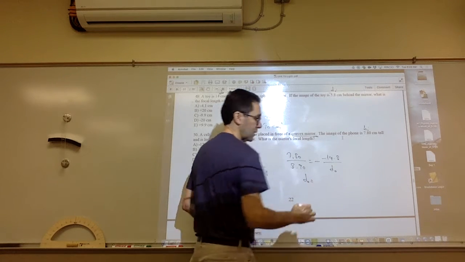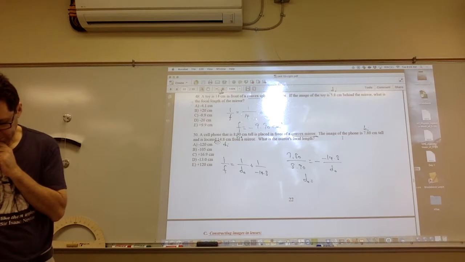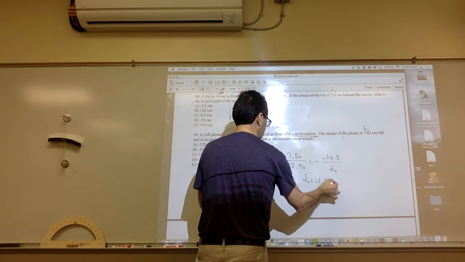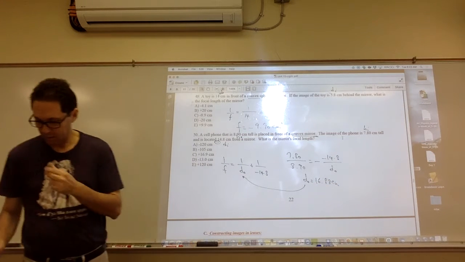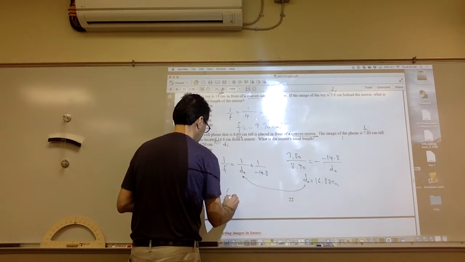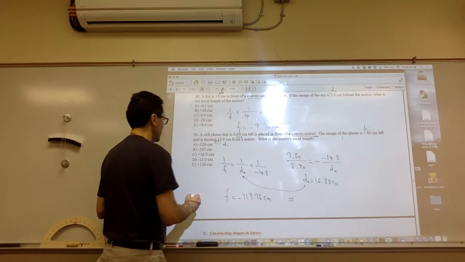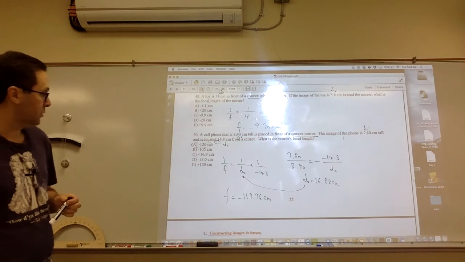So do here will give us 16.88 centimeters. So you just take that, plug it in here, and let the calculator do the rest of the work. So the focal distance should be negative 119.76 centimeters. So the answer to that is A, and that should do it with this video.